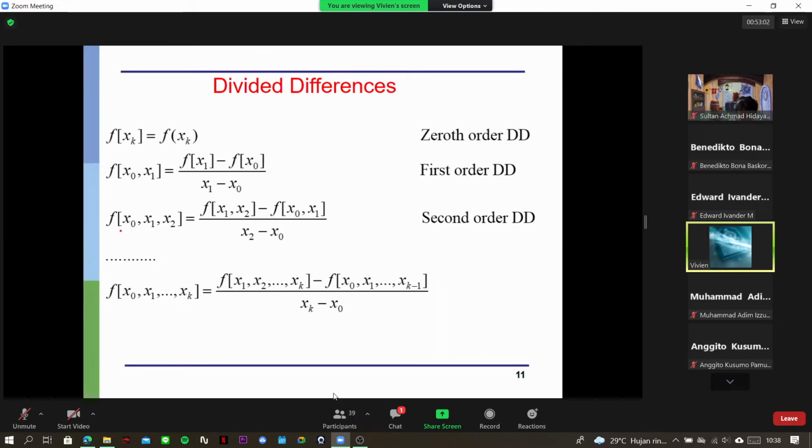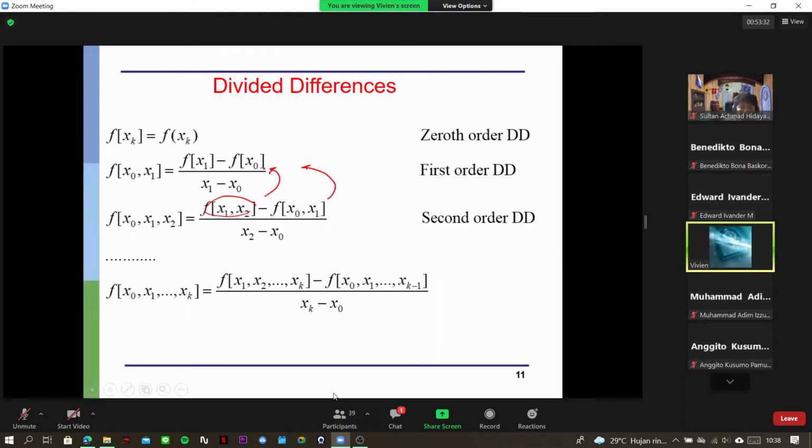And then the second order divided difference will be f[x1, x2], the first order divided difference between x1 and x2, minus the first order divided difference between x0 and x1, divided by x2 minus x0. Then we can find the third order, fourth order, and so on. It is always using the value before, but for different points that we have.